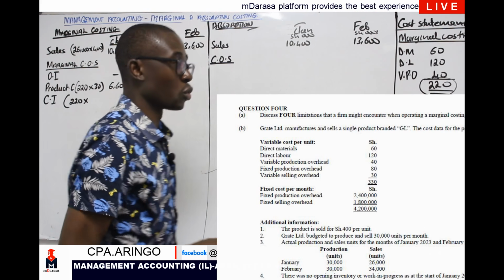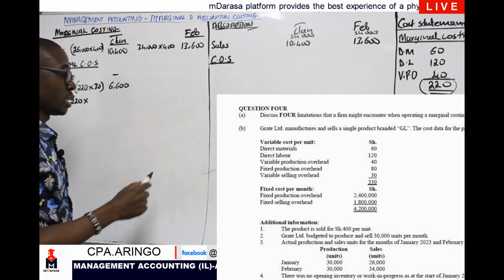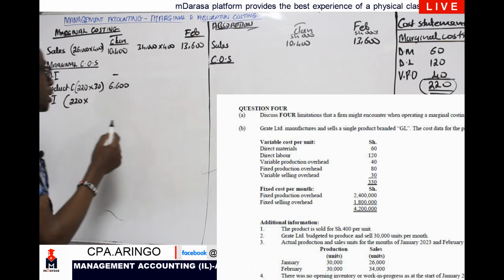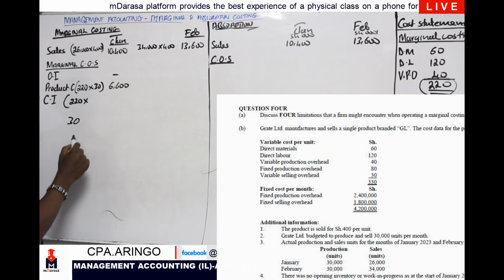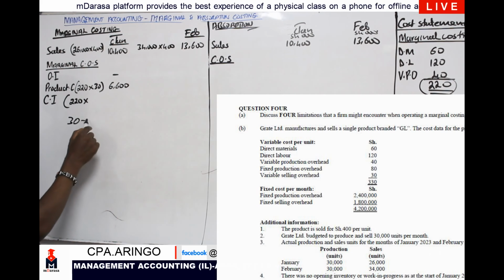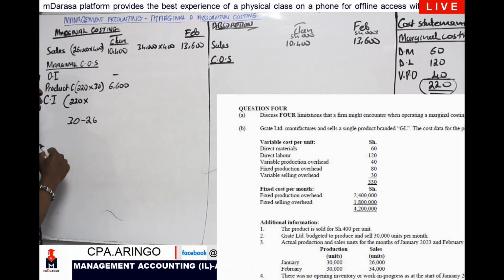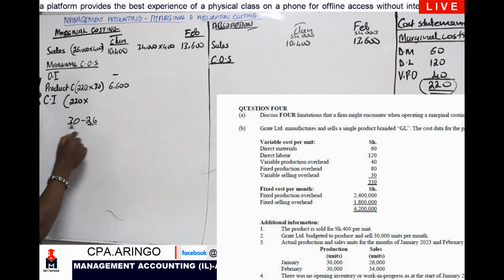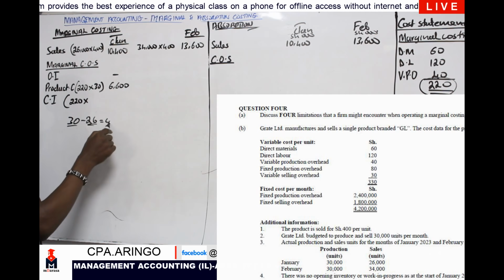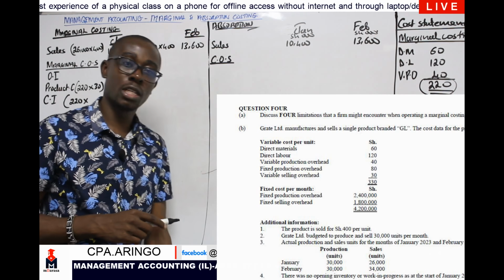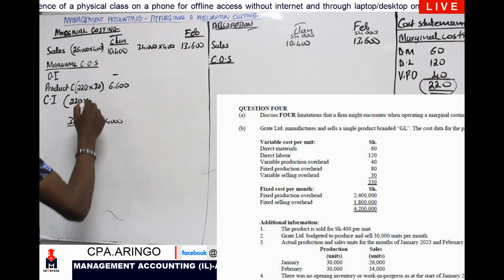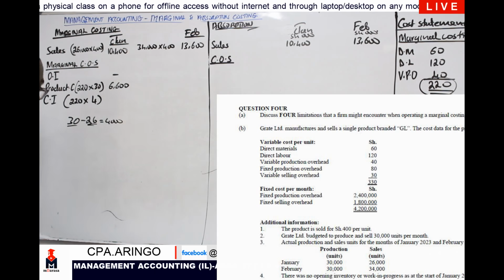How many units did we produce? We produced 30,000. How many units did we sell? We sold 26,000. So we can agree that I'm having 4,000 units which were still in stock by the time we are clearing January. And that will be our closing inventory here, 4,000.